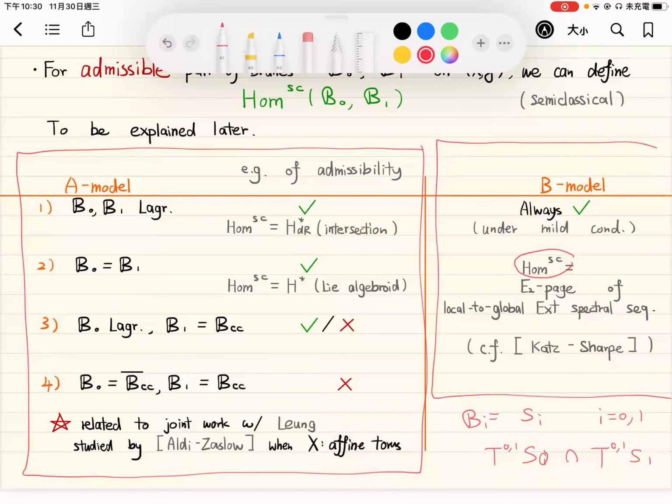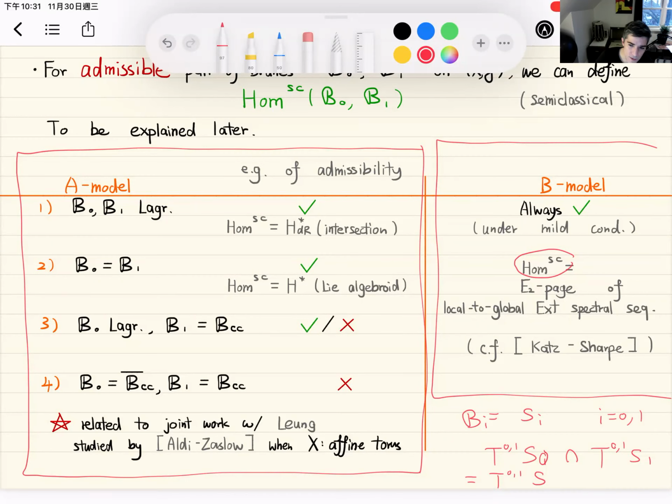That is, if we intersect the anti-holomorphic tangent bundle of S0 and S1, then that is equal to the anti-holomorphic tangent bundle of the intersection S, and it gives you an elliptic complex distribution on the intersection. And indeed, the central idea for the admissible pair is that we have ellipticity of this kind of intersection. So that's why for the B model, basically every pair of B branes is admissible.